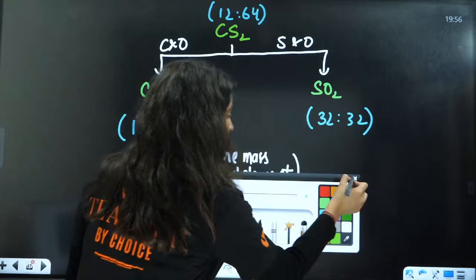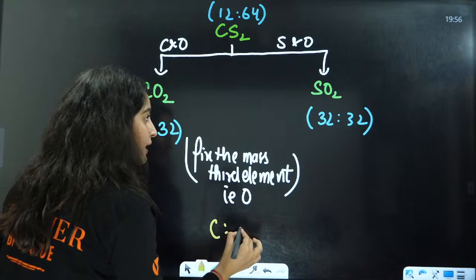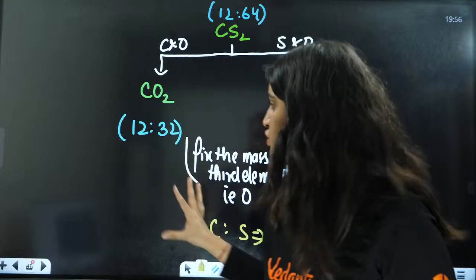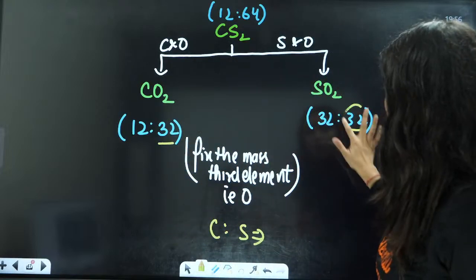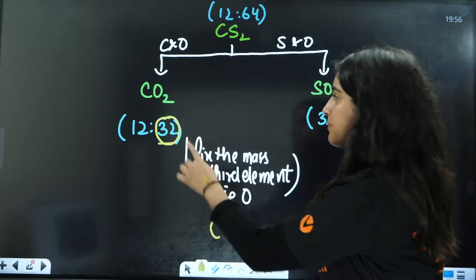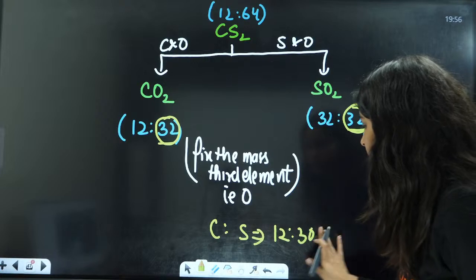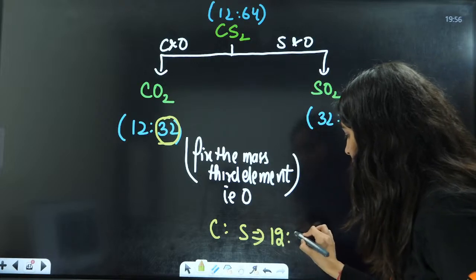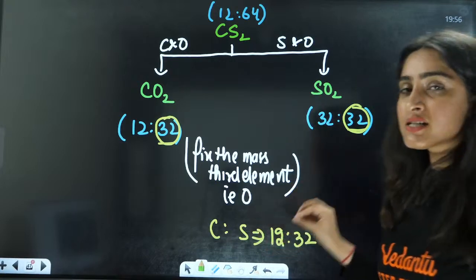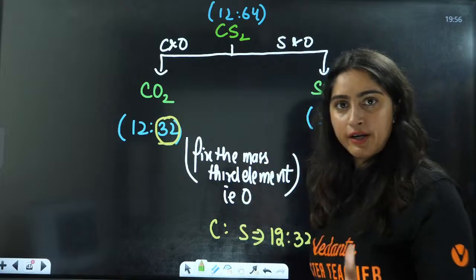Fixing this, after fixing the mass of oxygen at 32 and 32, the carbon and sulfur ratio will be 12 ratio 32. See this very carefully, what we did here.